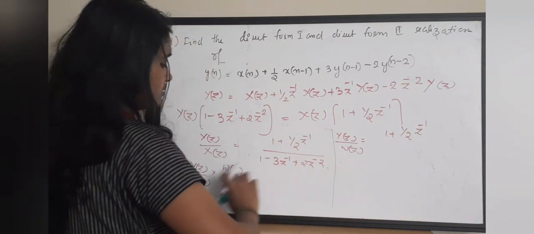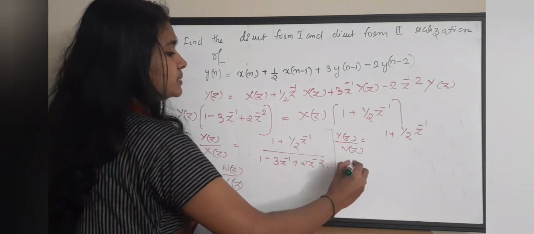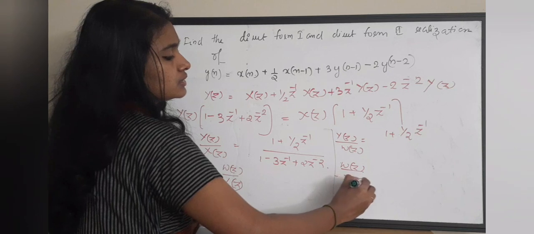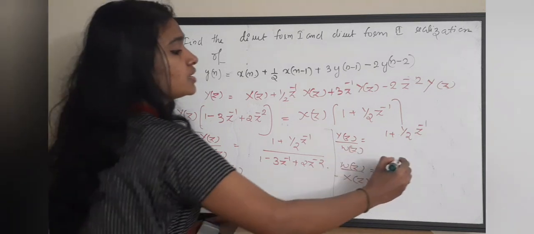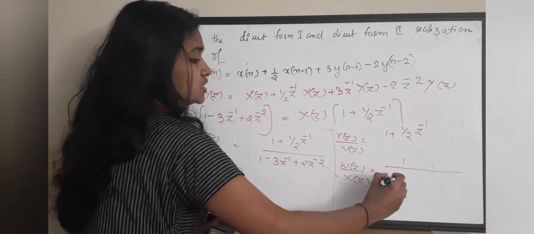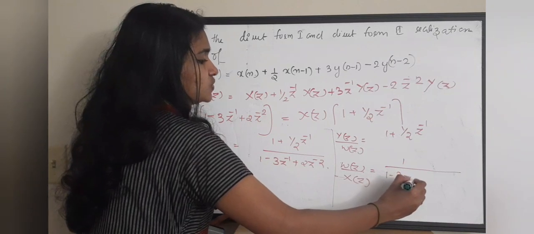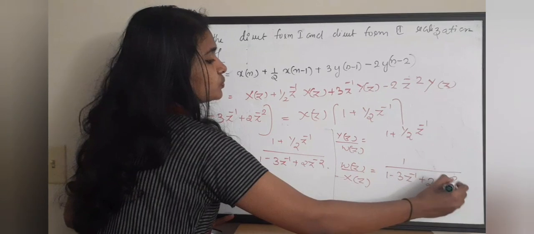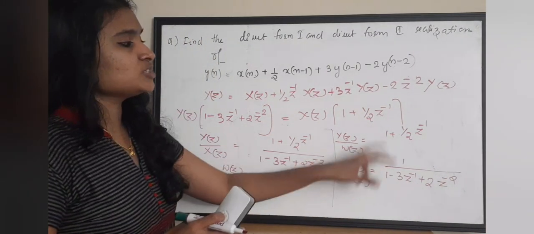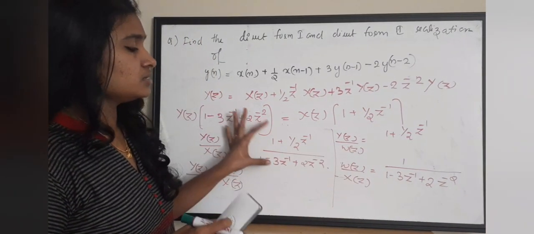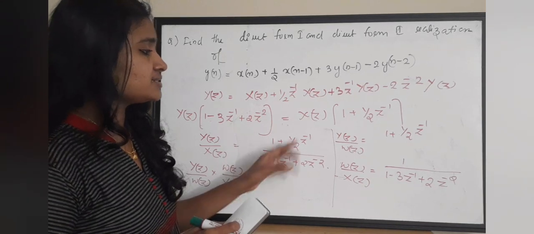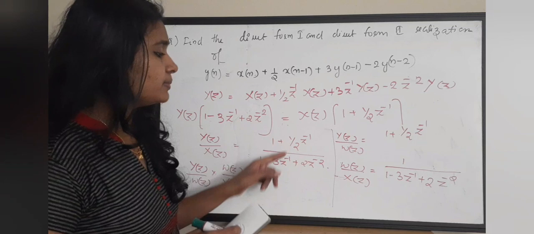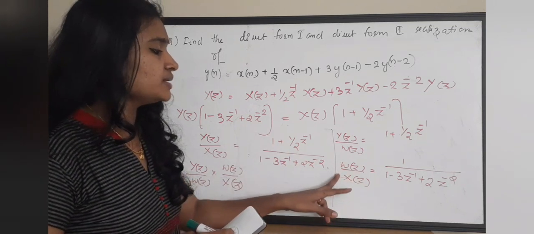Then W of z by X of z is equal to 1 by 1 minus 3 z inverse plus 2 z raised to minus 2. So this is simply splitting this fraction: the numerator is taken as Y of z by W of z, and the denominator is taken as 1 by W of z by X of z.